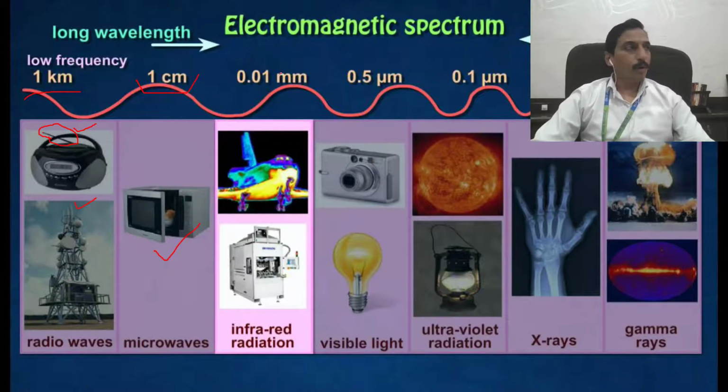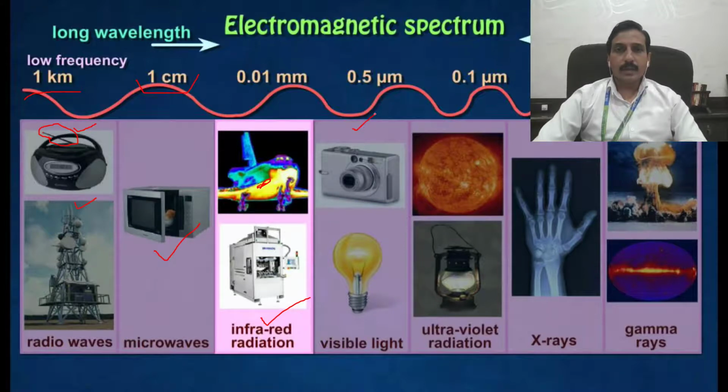For 0.01 millimeter, this is a very good application that you can detect different perspectives of an aeroplane. And this is infrared radiation. This is also one device where you can detect the internals of a particular human body, or you can detect something which is inside a solid object.